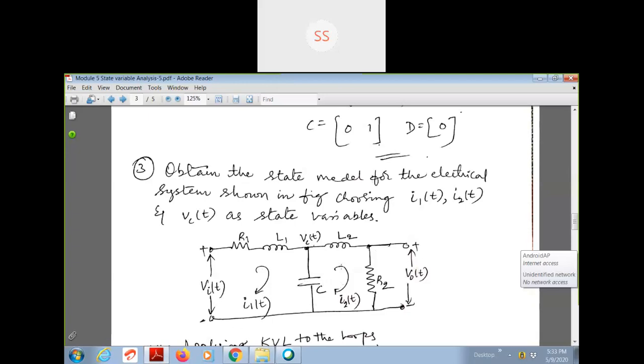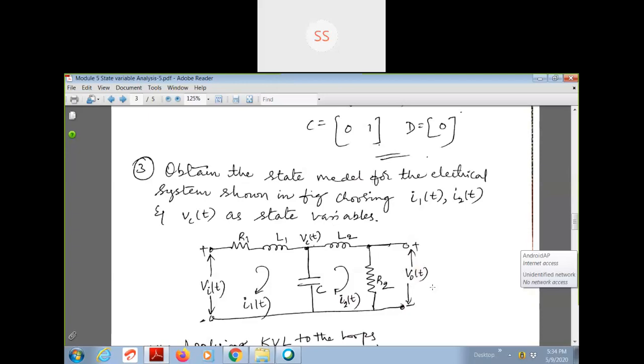See now, in the previous problem, voltage across the capacitor was chosen as a state variable, but here in this problem it's given that you have to consider I1 of t, I2 of t, that is the two loop currents, as state variables, but the node voltage Vc of t should be considered as another state variable. Now it is not V naught of t, because the selection is not unique, it is not always V naught of t.